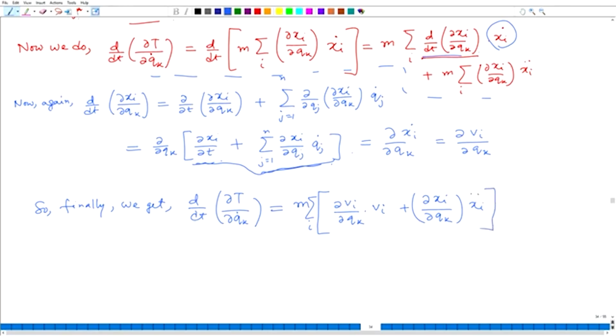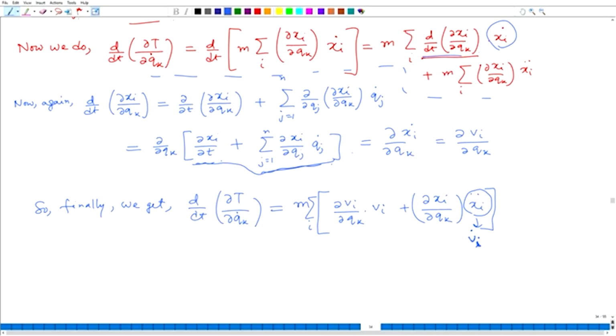Just let me check once if this is correct. This is equal to m v_i ∂v_i/∂q_k, that is true, and of course this is correct, and then m ∂x_i/∂q_k, you have v_i dot, correct. I can write this one as v_i dot without any problem.